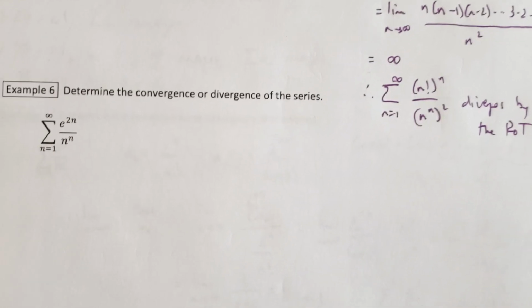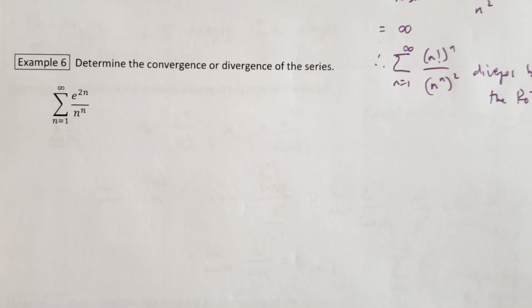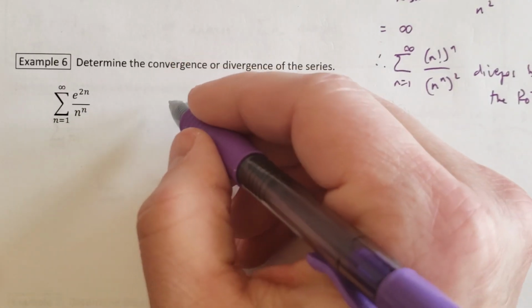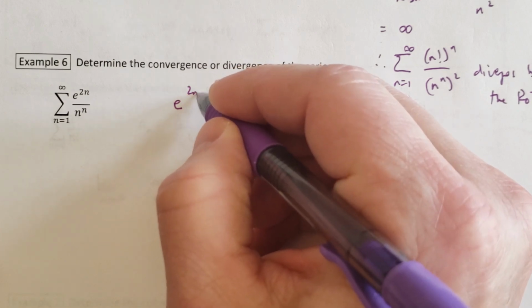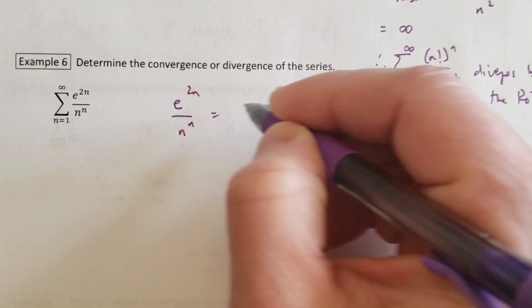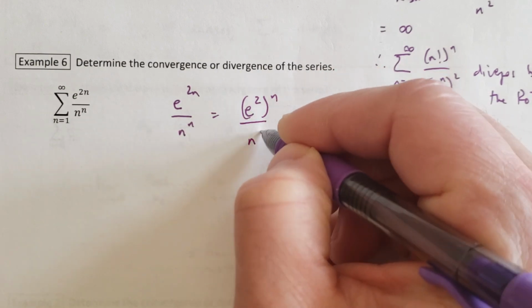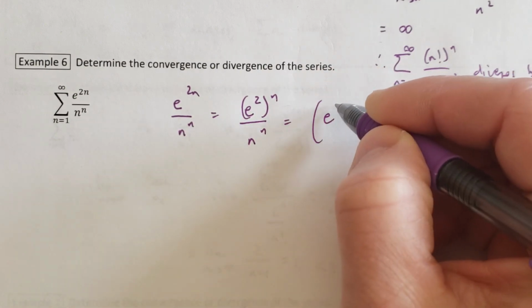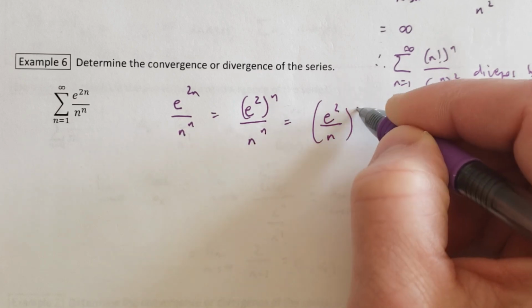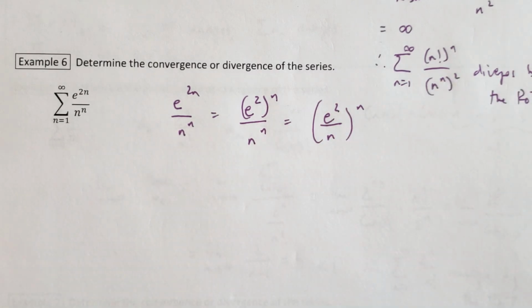All right, and let's try this last one. We've got e to the 2n over n to the n, which is really e squared to the nth over n to the nth. So I guess we could combine these: e squared over n to the nth.